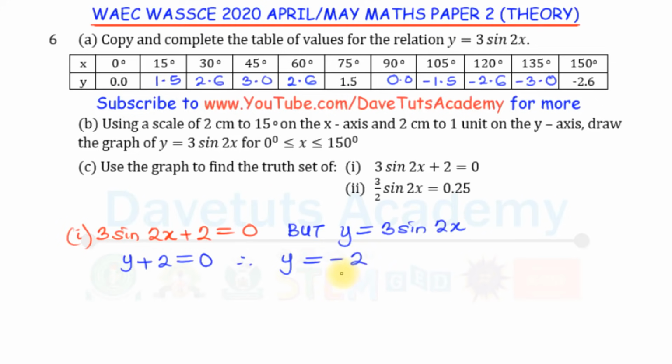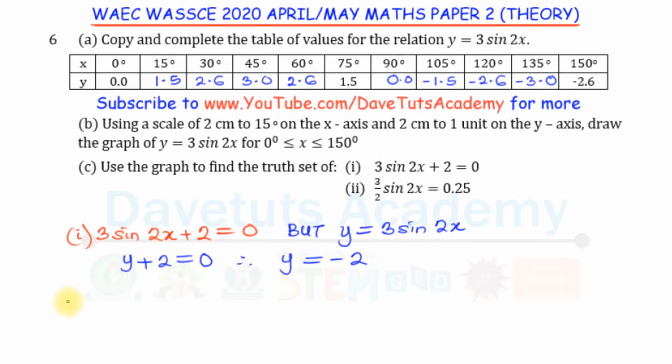Now, minus 2 is just a constant, so it's not depending on x. There's no variable being reflected there. We just know that y is minus 2. So it's going to be a straight line graph that is constant across the x-axis of the graph. So that's just y is equal to minus 2.